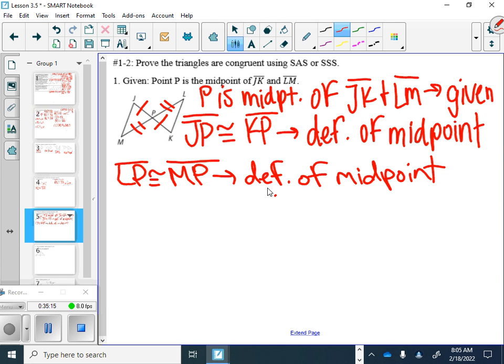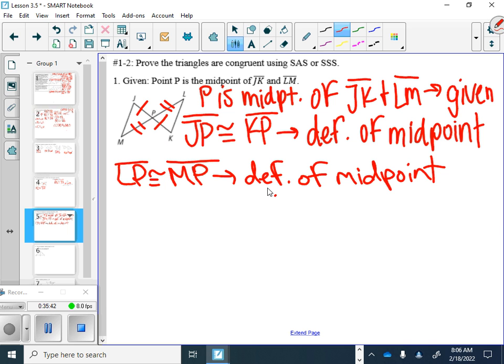So it sounds like it's not going to be side, side, side. Now I need to figure out an angle. Thoughts on an angle? That could be congruent. Tell me why. Very good.